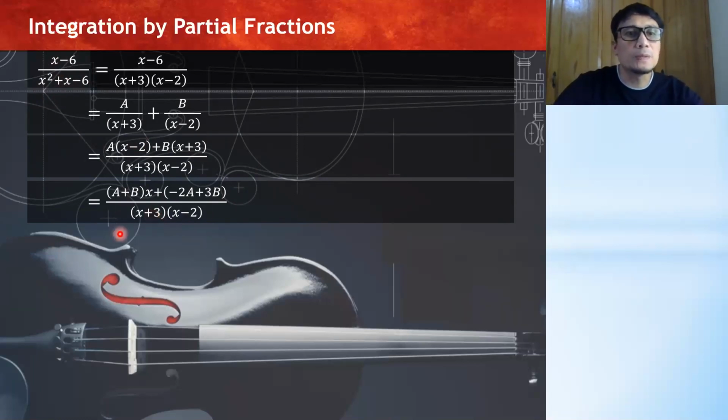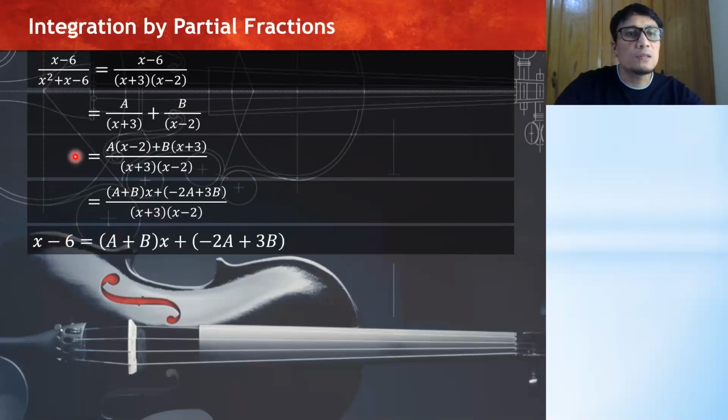So that means that we obtain this expression, the numerator x minus 6 and the numerator here. This gives rise to two equations actually in A and B. Remember, our objective is to find A and B so that we can express this as a sum of partial fractions, right?